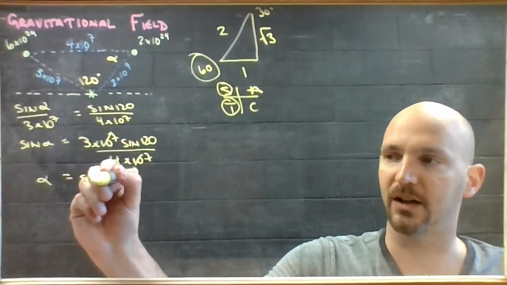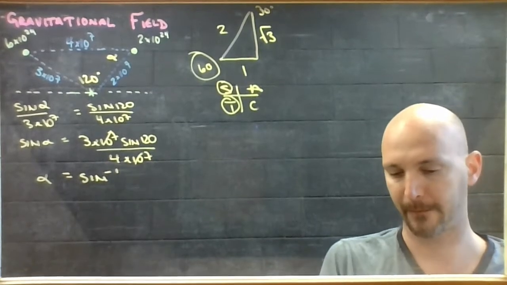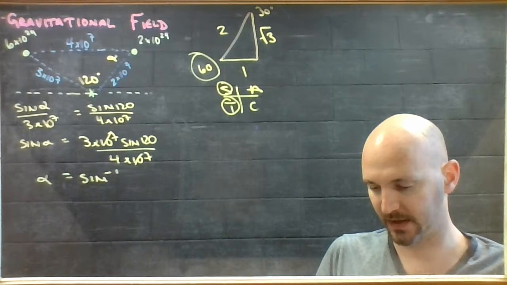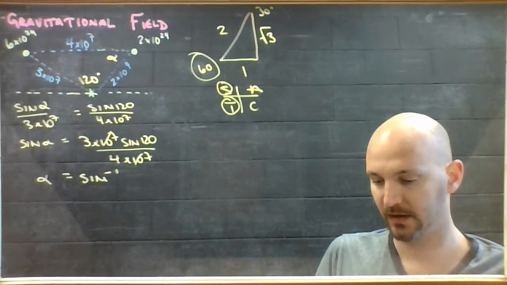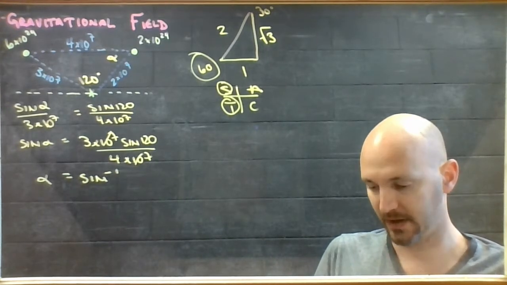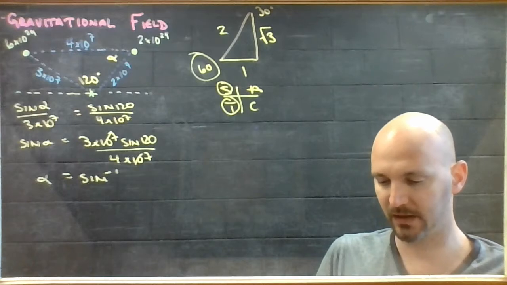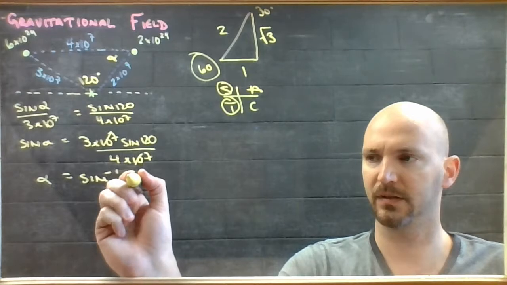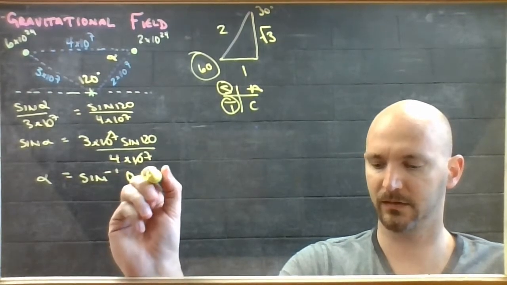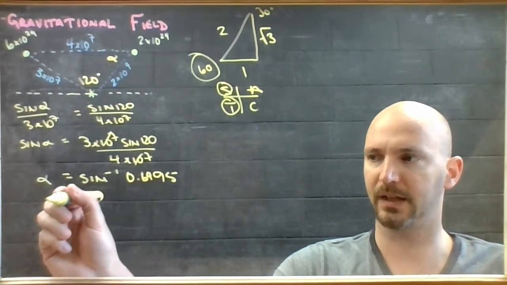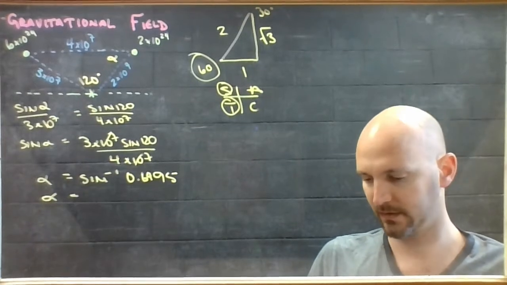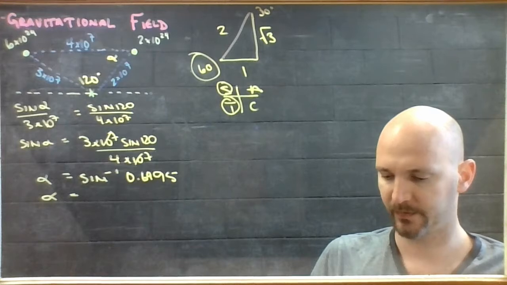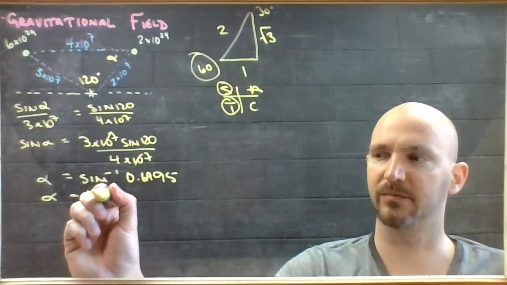So I need to take the arc sine of, let's see, 3 times sine of 120 divided by 4 gives me 0.6495. And if I arc sine that, I get 40.5 degrees.